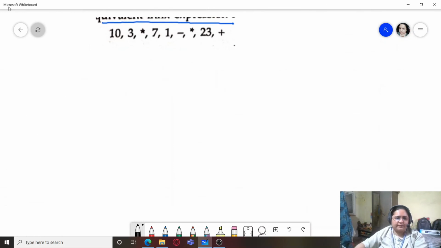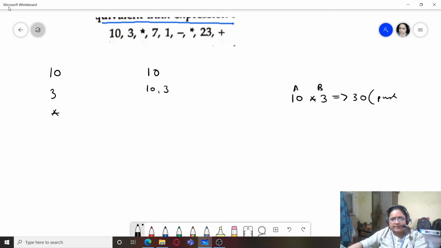So first we have 10, push it to the stack, then we have 3, 10 comma 3, then we have multiplication, pop 10 and 3. It will be 10 multiplied by 3, and it has to be popped in this way: 10 will be A and 3 will be B. So the result is 30, push this 30 back to the stack.